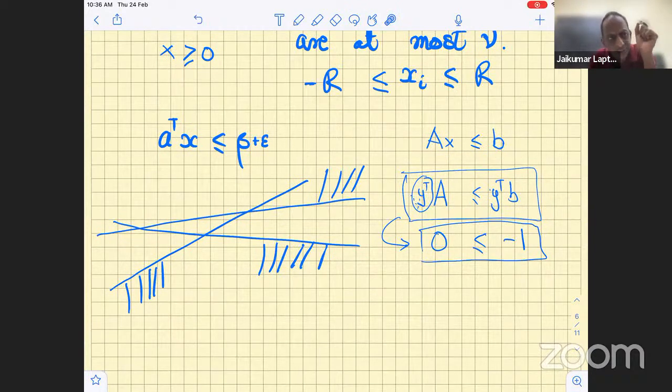But actually, this y will also guide us in determining the epsilon by which we can perturb and still stay infeasible. Now imagine that we have added epsilon to the right-hand side, epsilon, epsilon, epsilon, and I use the same dual witness. What would I get?